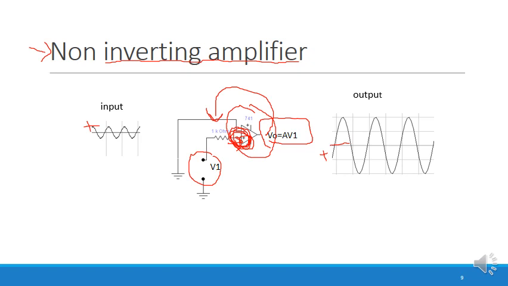Another point: the inverting terminal is grounded and the output is amplified and non-inverted. That means in whichever way you give the input, positive side or negative side, the same way you get the output. But it is amplified.